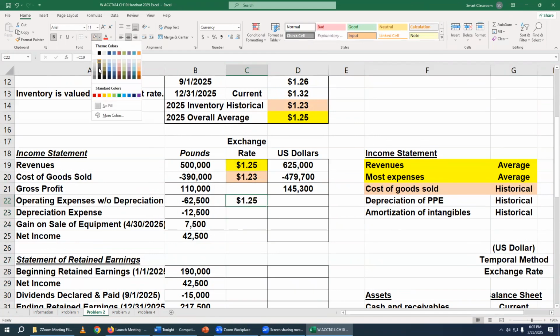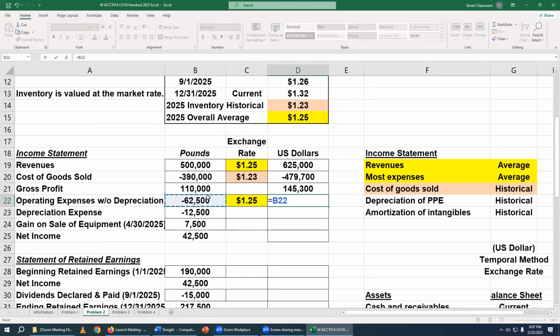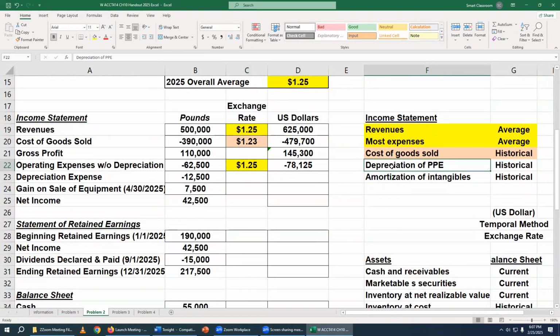What's a better way to do this? All right, so this will be depreciation expense. Historical, now this is going to be a different historical though. This is going to be the historical for the property, plant and equipment.